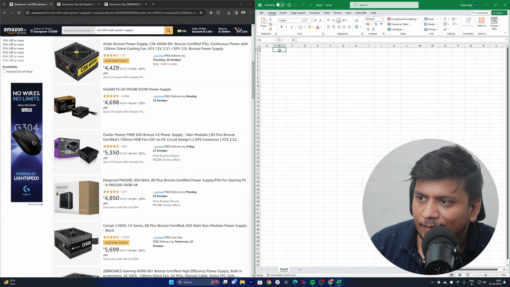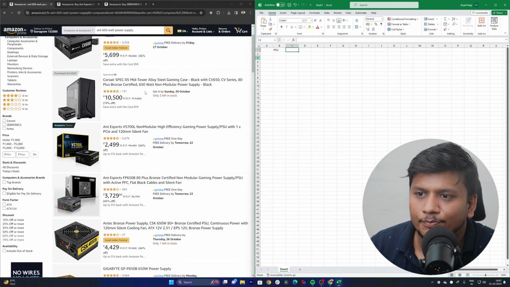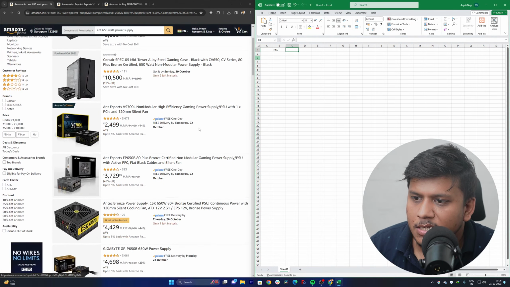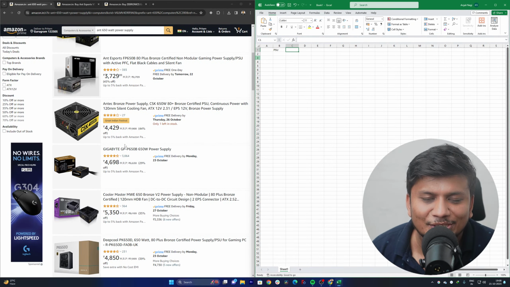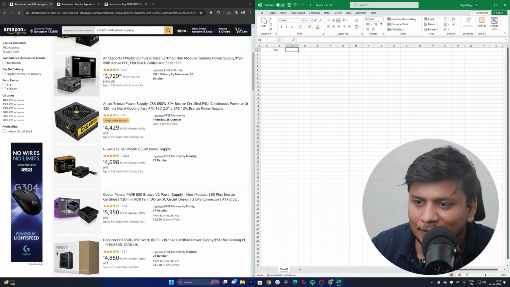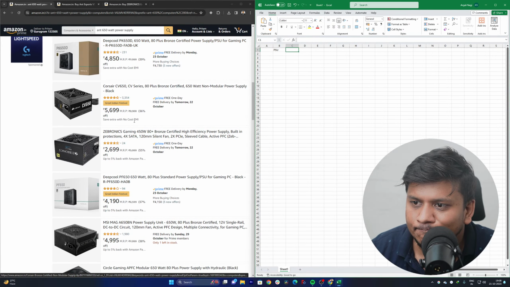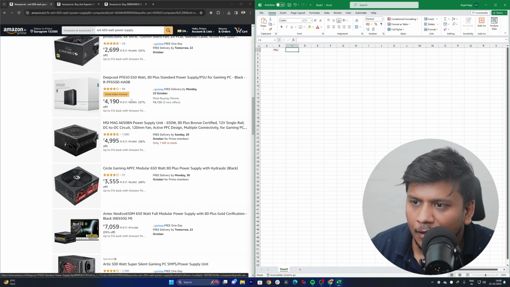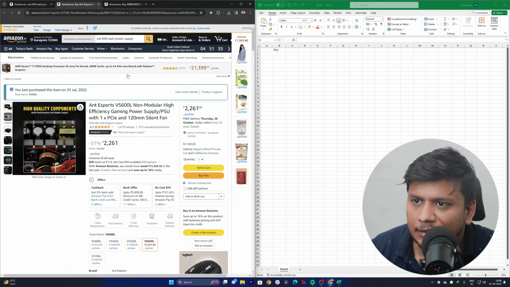So let's start with our PSU. What I was recommending initially was from Corsair, and unfortunately we saw the increase in price. No worry, let's choose another. I was looking for this Ant one.